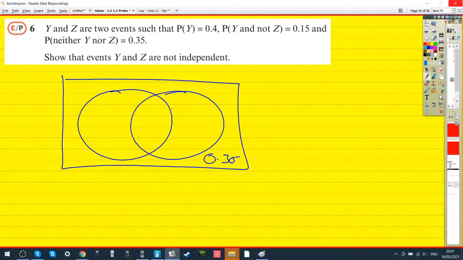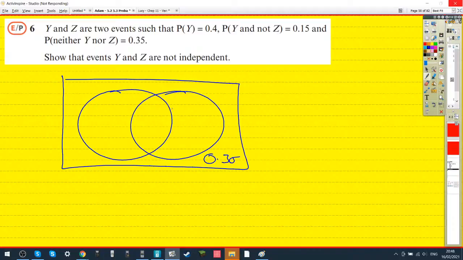Alright, what could you do after that? Would you put P(Y), is that just Y? So if it was on the left, would it just be 0.4? Y has two regions, left and middle. And Y and not Z would be 0.15, which would be the left. So left is 0.15.